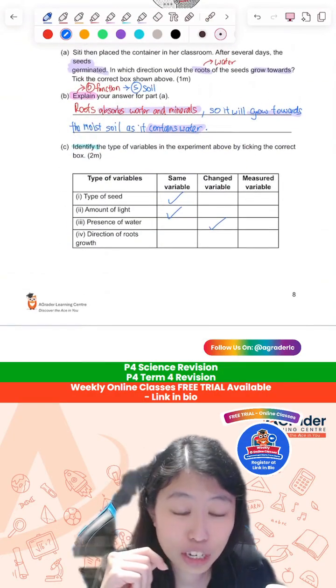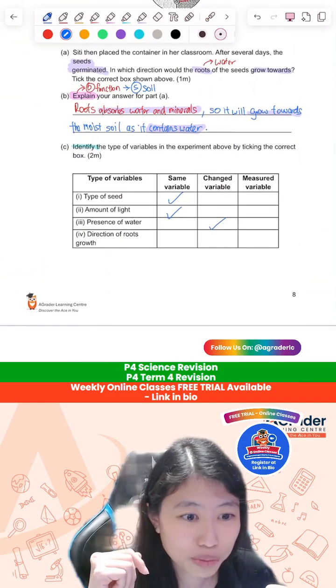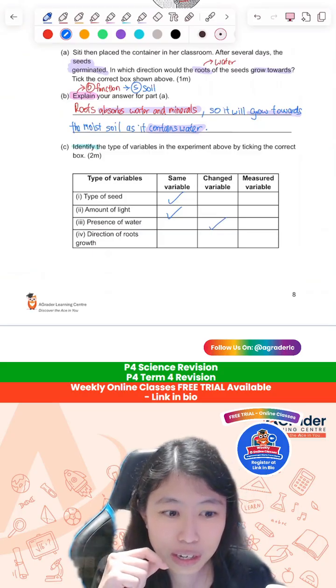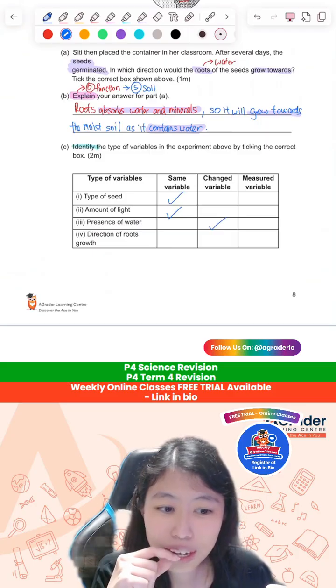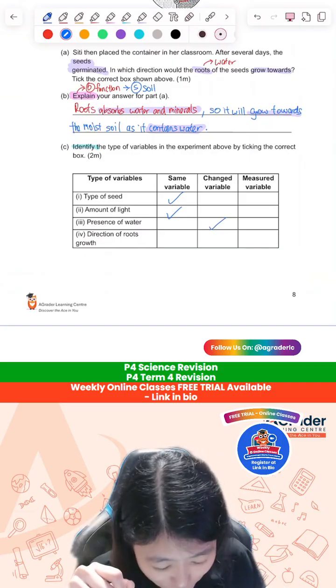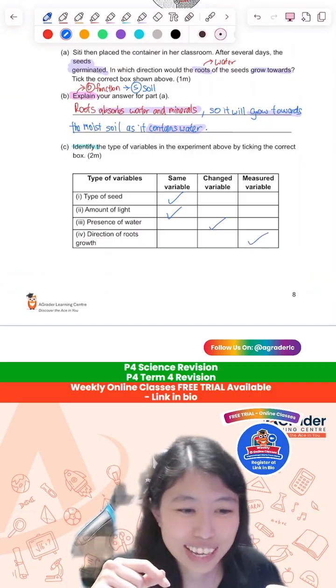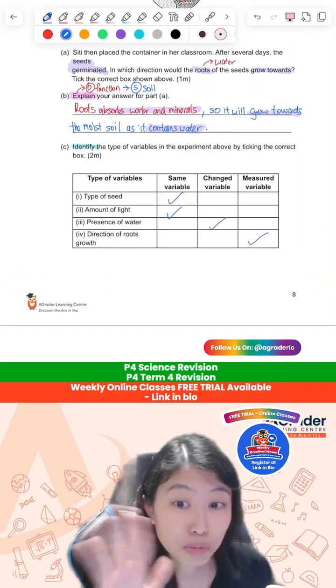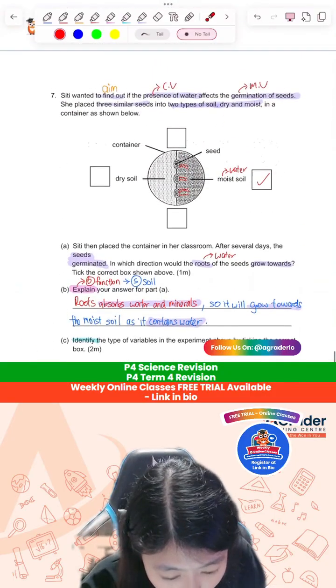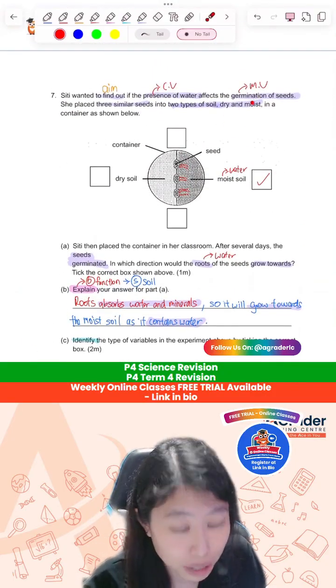And the direction of roots growth. A lot of you said measured variable. Very good. And roots, not the same, okay? See, how do I know whether the seeds germinate?